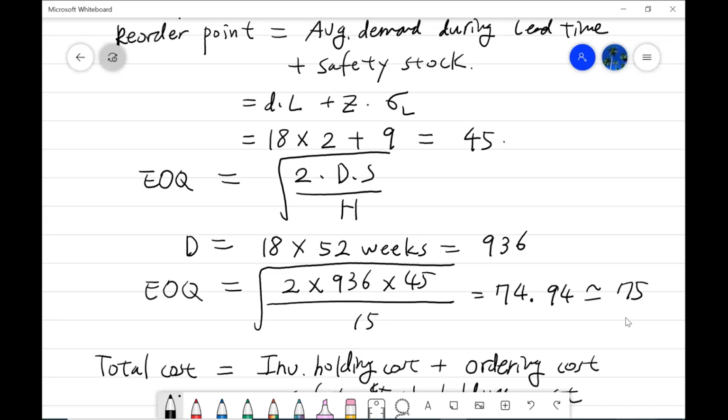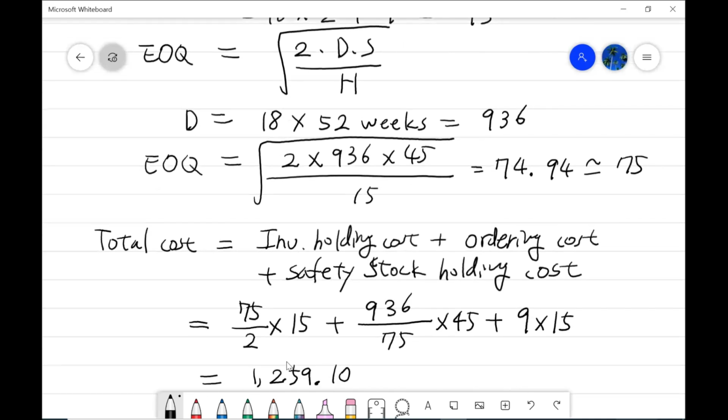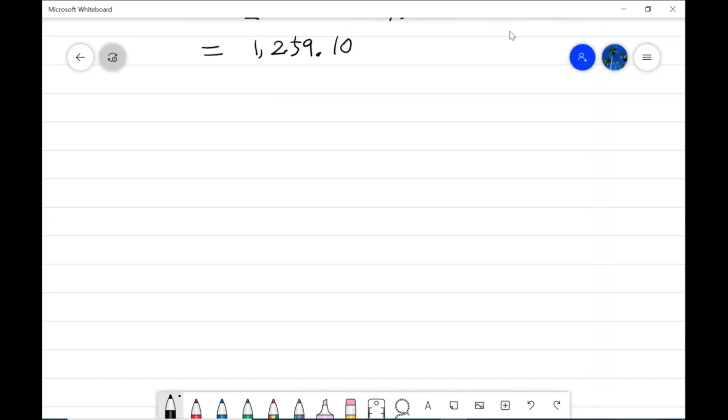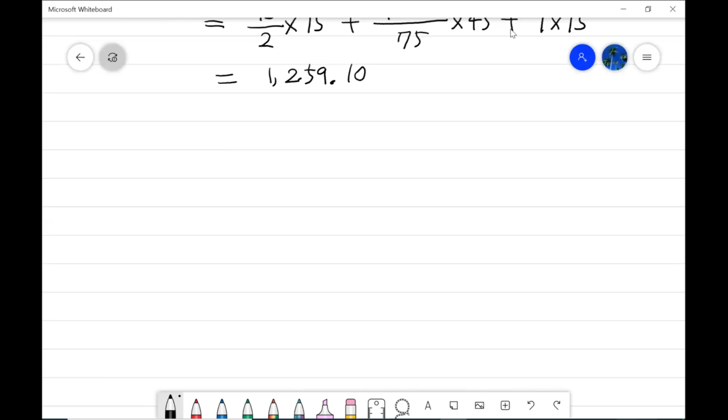Next time, you continue watching your inventory, and when the inventory level hits 45 units again, you place an order of how much? 75 units. In that way, in a year, you pay $1,259.10. Okay. So that's about the continuous review system.